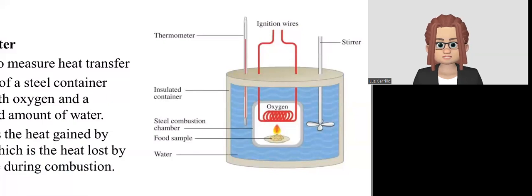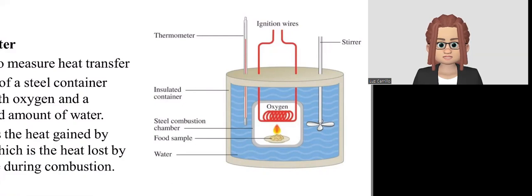So how does the calorimeter work for looking at this combustion reaction of a food sample in order to understand the energy that is stored? This calorimeter has a chamber made out of steel, known as the steel combustion chamber.